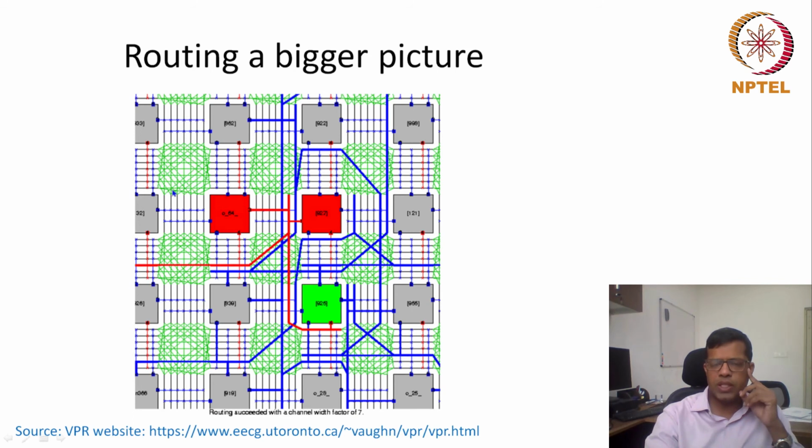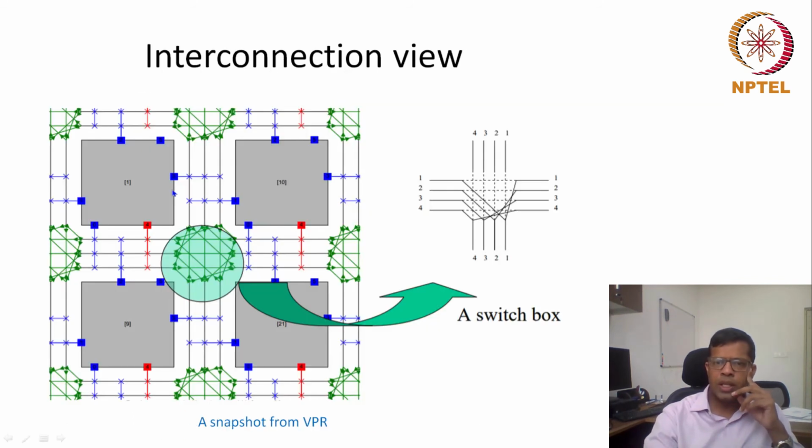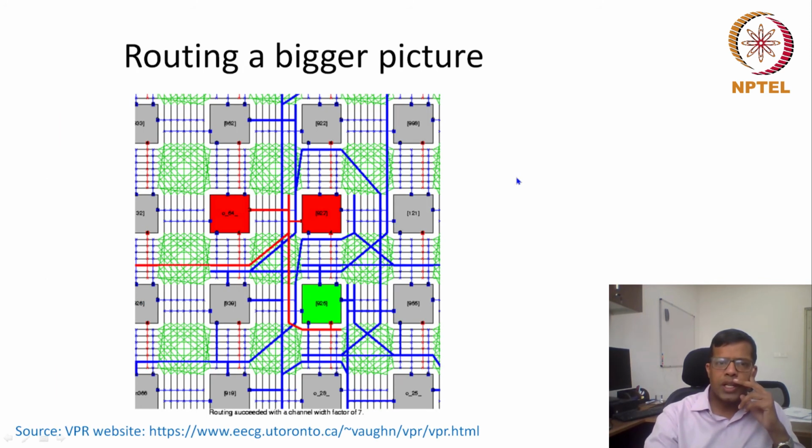More specifically here you see that rather than connecting all of them to all of them, it's connecting channel number 1 to channel number 1 here. Similarly the same thing we are seeing here also. Okay, so let's say we would like to connect some logic from one place to another place.